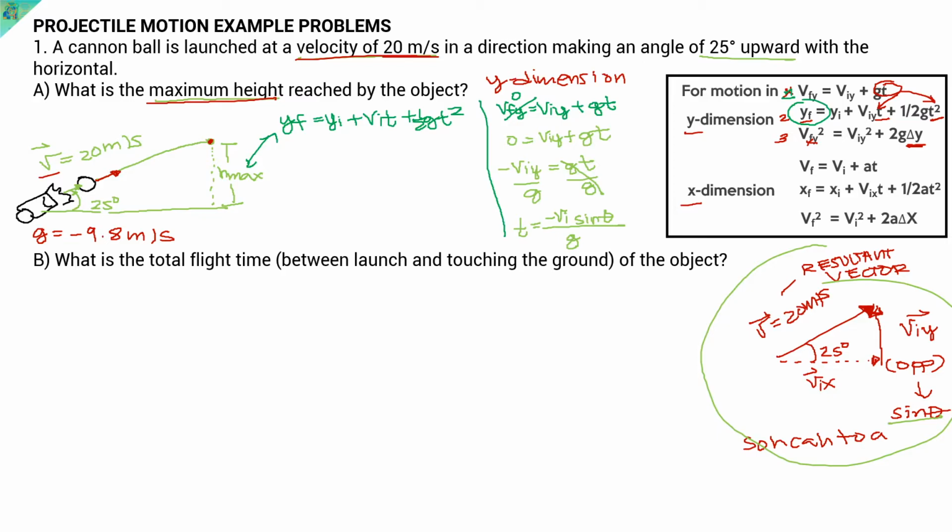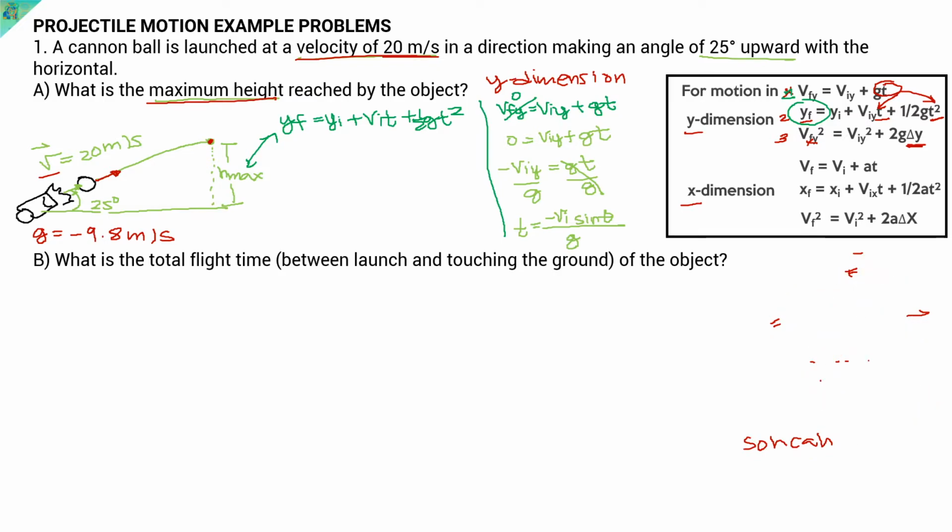Okay, let's compute for that. Let me erase this one again. Okay, and if we try to compute T, let me continue over here. T is equal to negative VI sine theta over G. Let's write down our values.